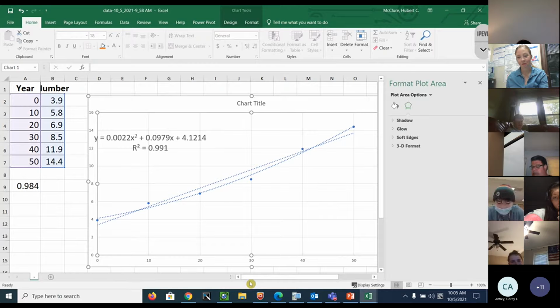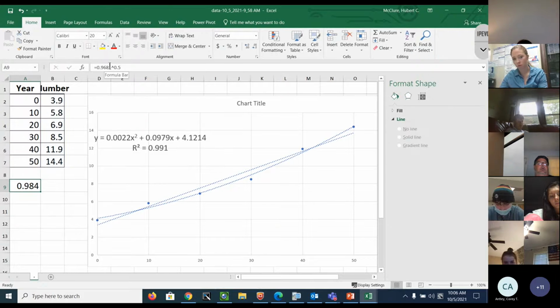So with a quadratic, we get y equals 0.0022x squared plus 0.0979x plus 4.1214, and a correlation of 0.991. 0.991 comes out to be a correlation of 1. R is equal to 1, which is as high as you can go.